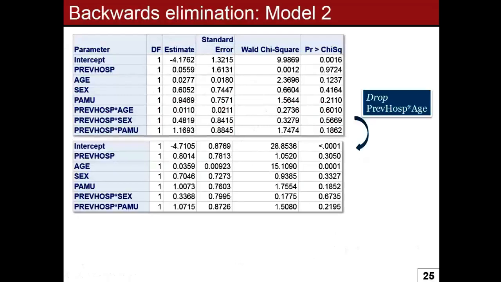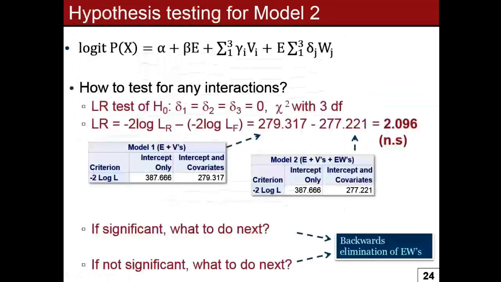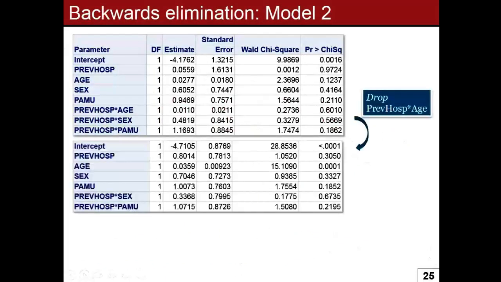So what does that look like? What do I mean by backward elimination of the EW terms? You might do something that looks like this. You look at the output from your model, and you see your 3 EW terms here.